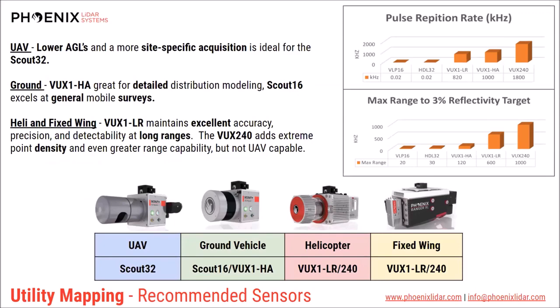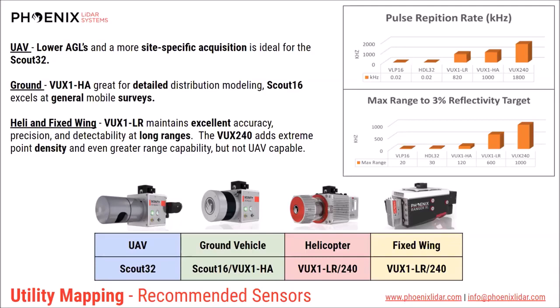Scout 32 has exceptional density and very high precision for the Scout systems, and is very well situated for lower AGL site-specific acquisition. This system, while not terribly heavy, will not be tremendously useful for dozens and dozens of miles of power line acquisition, but site-specific, substation-sized, as-built type of surveys, it will excel.